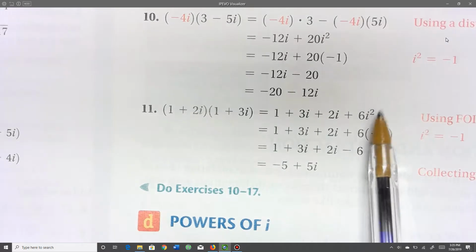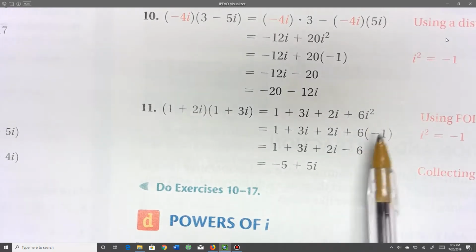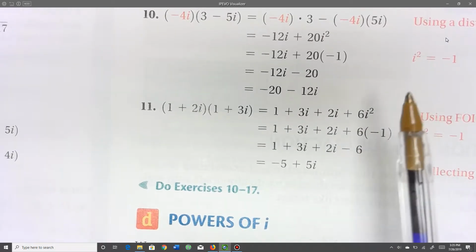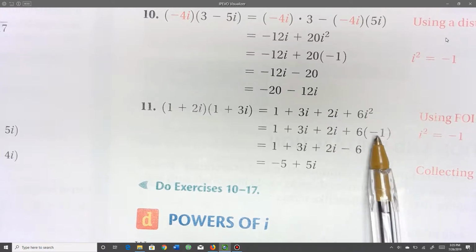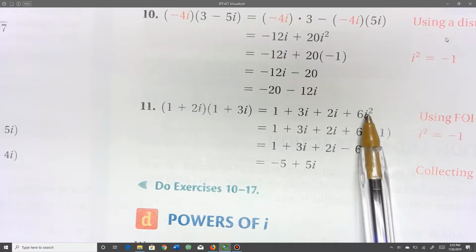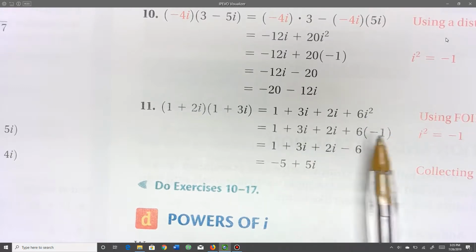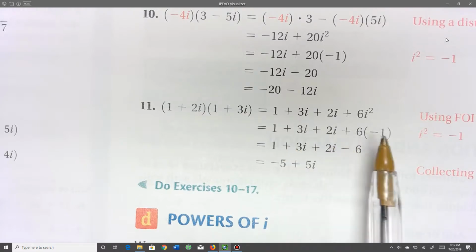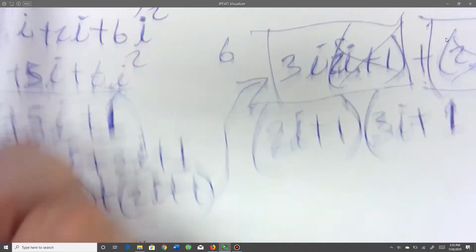So once you see an i squared, change it, substitute it for -1, and that should simplify it. That should make your expression a lot simpler, even a lot simpler than this.